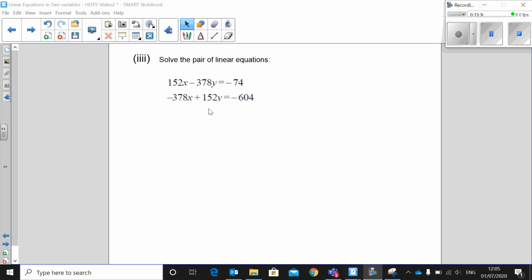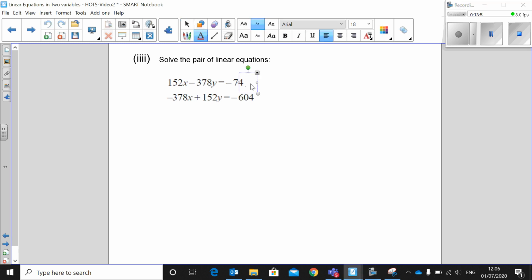Next we are going to see the third sum, which is a set of special equations. Look at that, what is special in this equation. We see 152x minus 378y equal to minus 74, and minus 378x plus 152y equal to minus 604. The coefficient of x in the first equation is equal to the coefficient of y in the second equation.